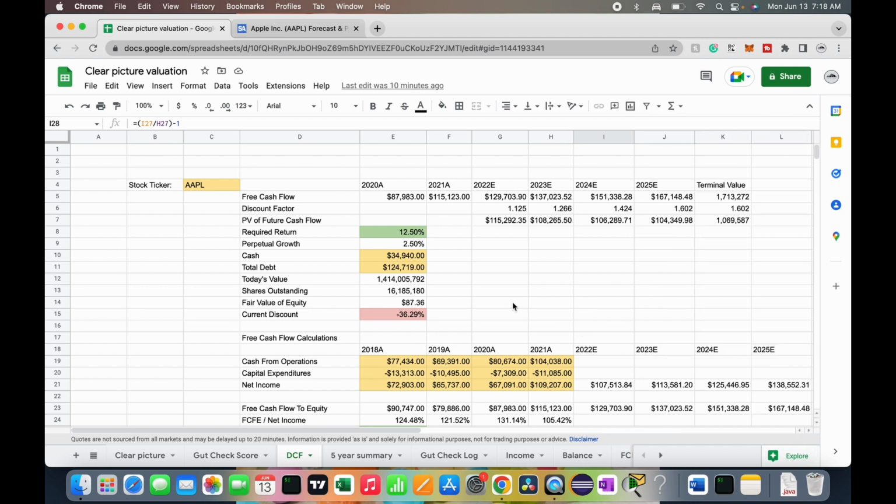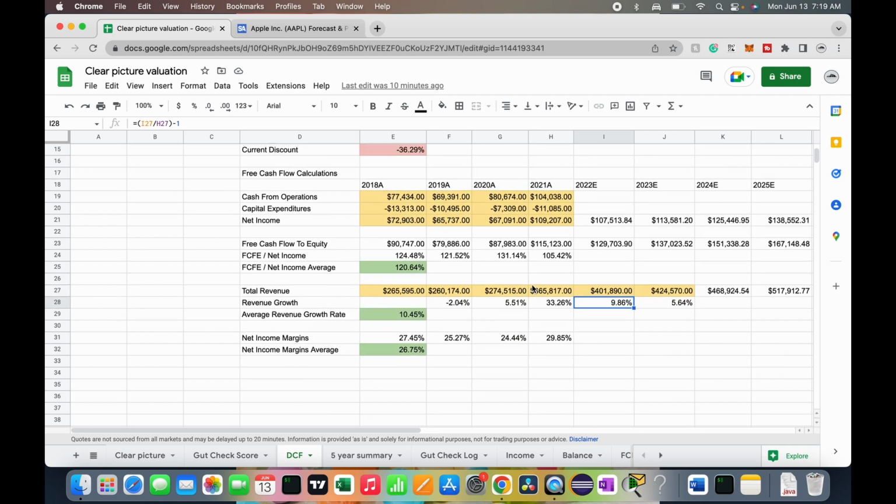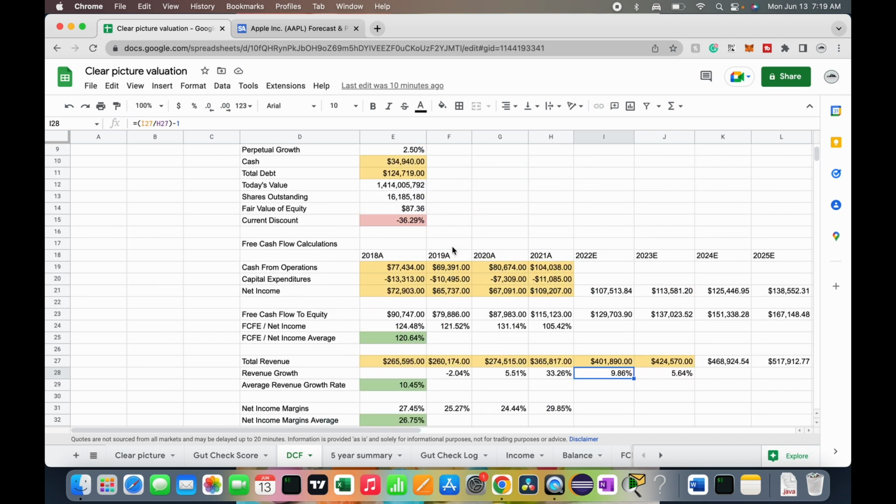So here it is. I'm using Jacob Morrison's discounted cash flow model, and I actually like it. I don't have to adjust it too much.